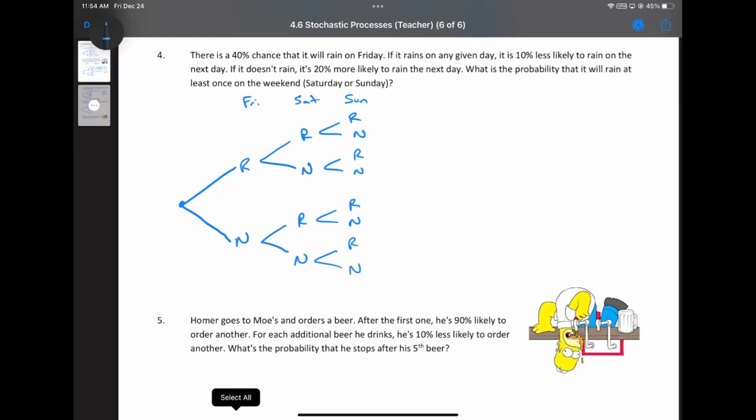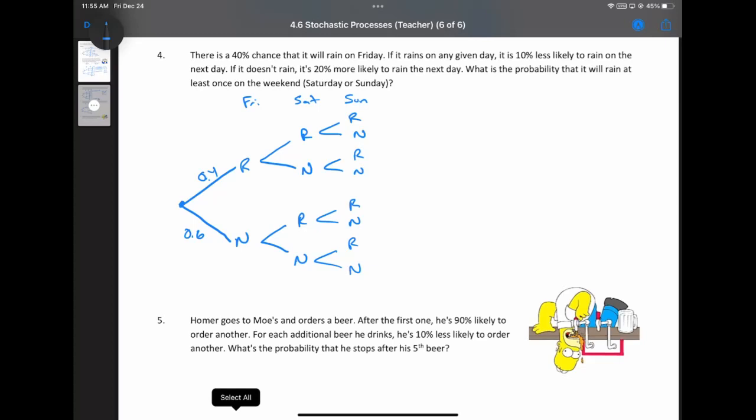So the first event that happens is Friday's rain event, and it says at the beginning of the question, there's a 40% chance it will rain on Friday. So 0.4, and then obviously 0.6. Now, this is where we've got to be careful because this is going to keep changing our percentages all the way through. If it rains on a given day, it is 10% less likely to rain.